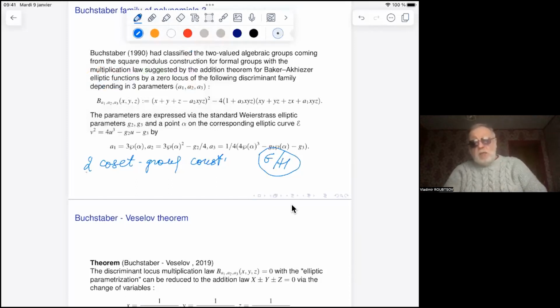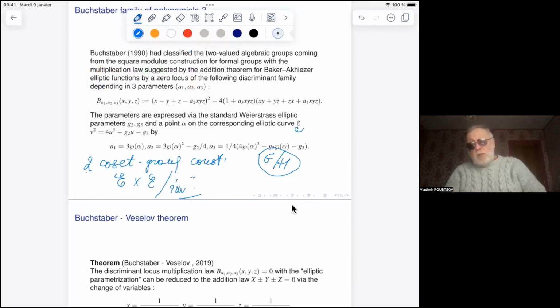In this case, when you have this elliptic curve epsilon, you have the product epsilon times epsilon quotiented by the involution. So epsilon has an abelian group structure, an addition law, and epsilon times epsilon also has some group structure, and the involution gives some coset.